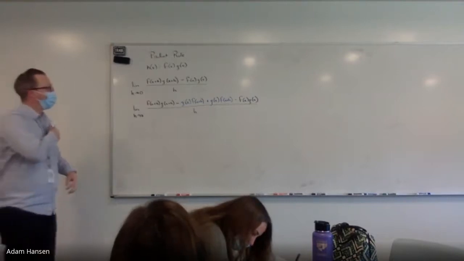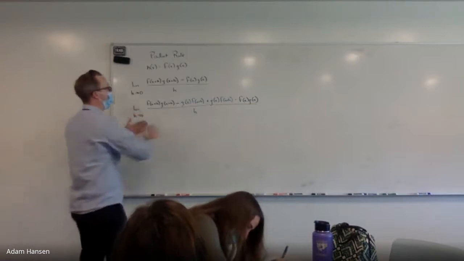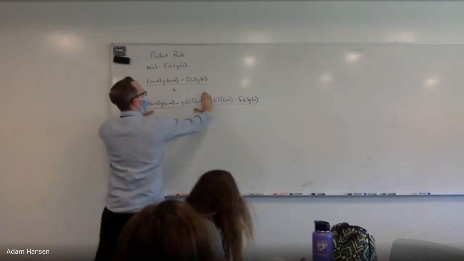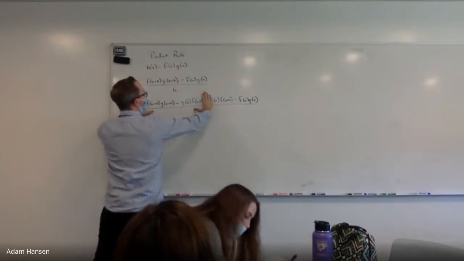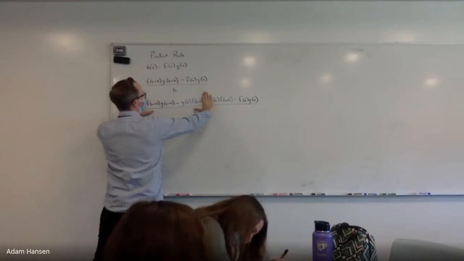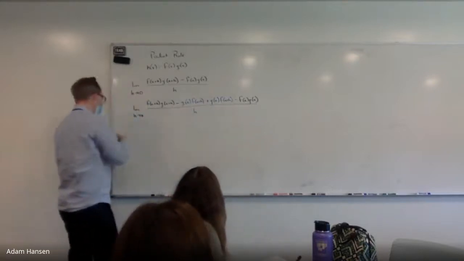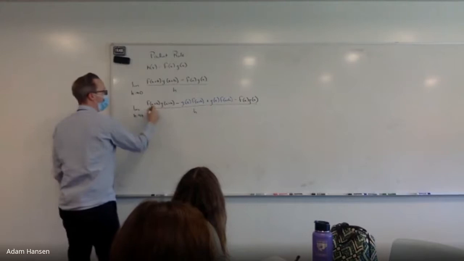Okay, let's try and factor what I have on top. I've got 4 terms. Let's group them into the first pair and second pair. Looking at what I have to start, these first 2, is there any common factor that I could take out? Is there any common factor between those 2 terms in the numerator? f of x plus h. So let's factor that out. I see an f of x plus h in each of the 2 terms.